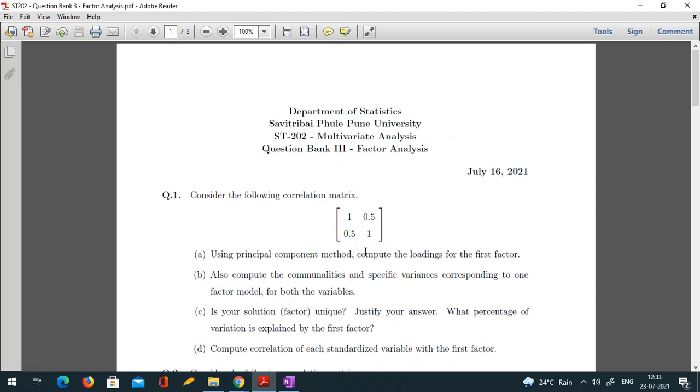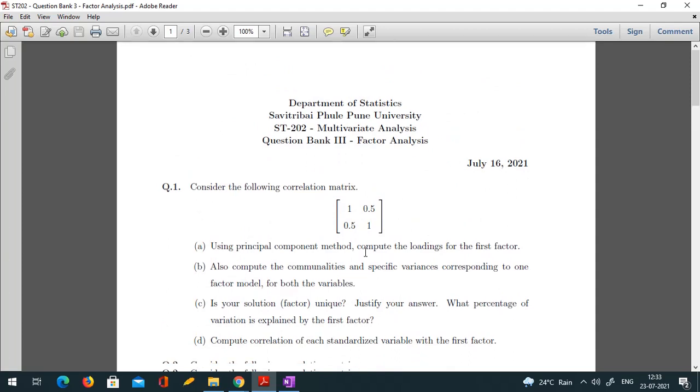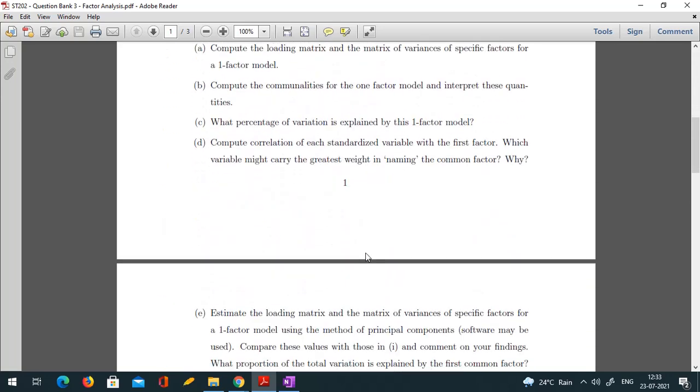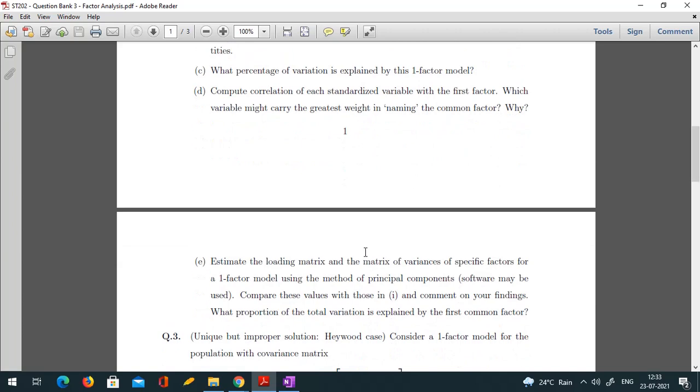You can do them manually. That's why I did not give covariance matrices. Estimate the loading matrix and the matrix of variances of specific factors for a one factor model using the method of principal components. Software may be used. Compare the values with those in one and comment on your findings.